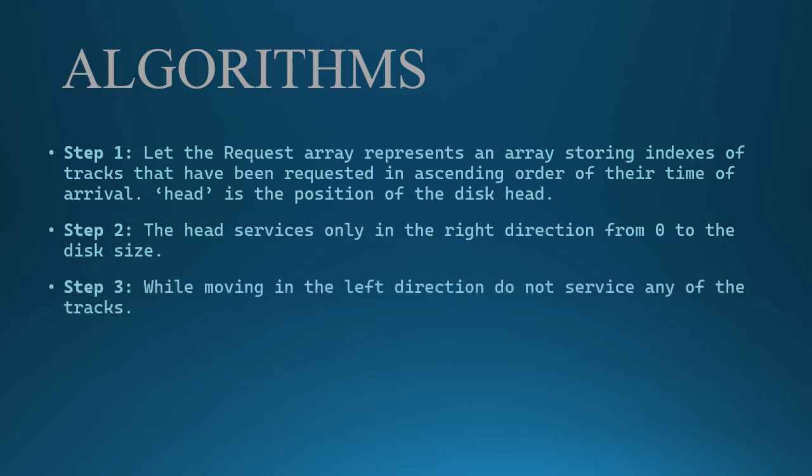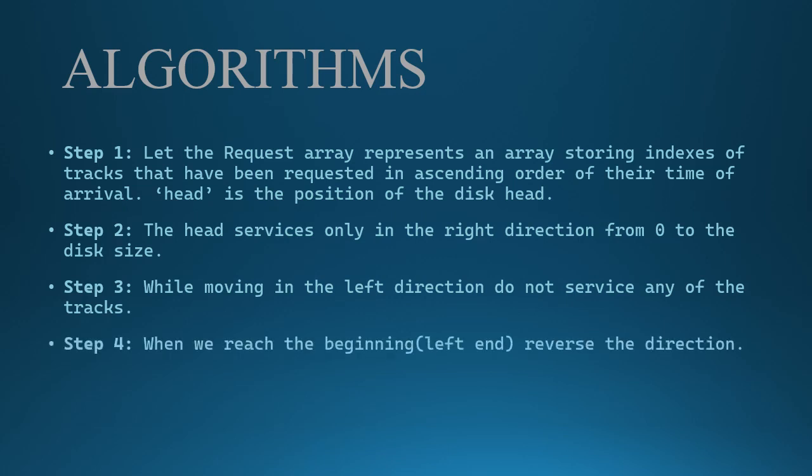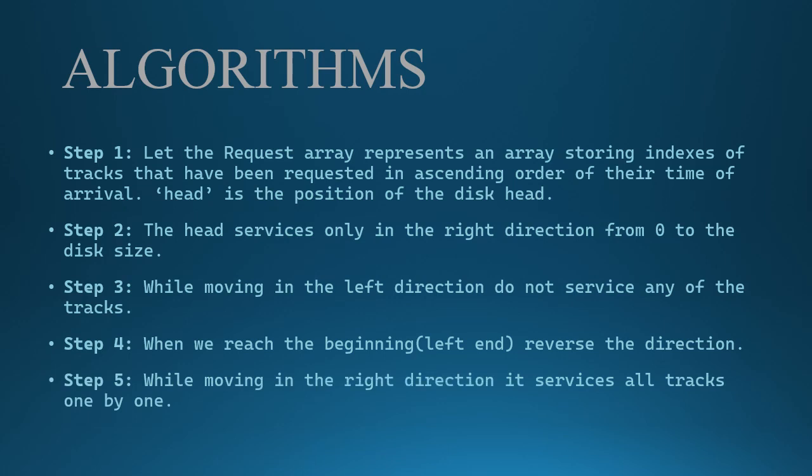Step 3. While moving in the left direction, do not service any of the tracks. Step 4. When we reach the beginning left end, reverse the direction. Step 5. While moving in the right direction, it services all tracks one by one.